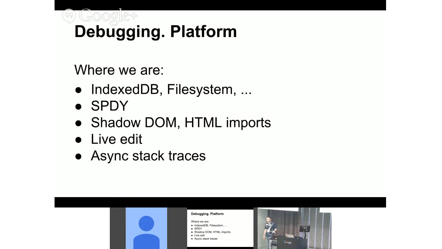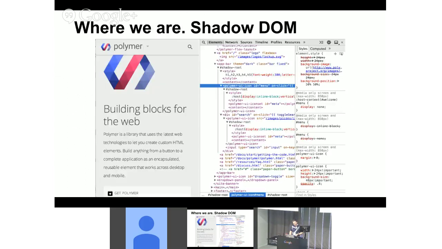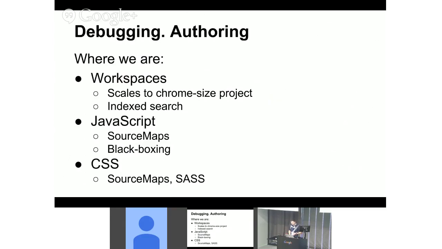We have support for some Polymer features, web components, shadow DOM imports. Of course, the live editor, sort of a trademark, and async stack traces. This one shows the Polymer web page with shadow DOM being inspected. And so that's sort of debugging platform features.